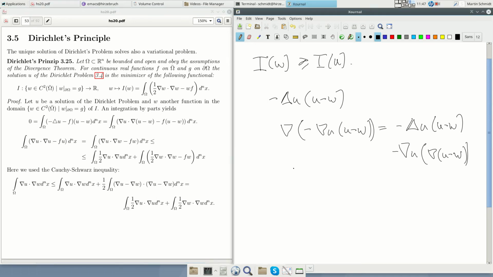But what about the boundary term? u minus w, sorry, vanishes at the boundary. So we get no boundary terms in the divergence theorem.